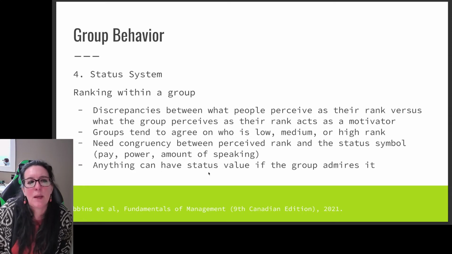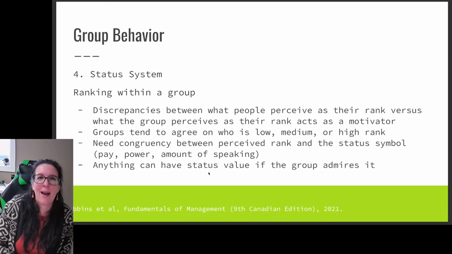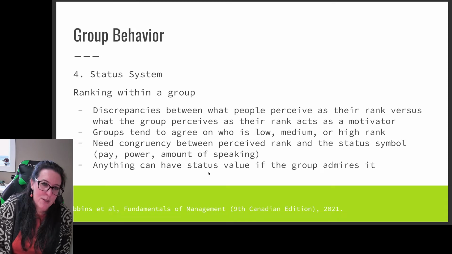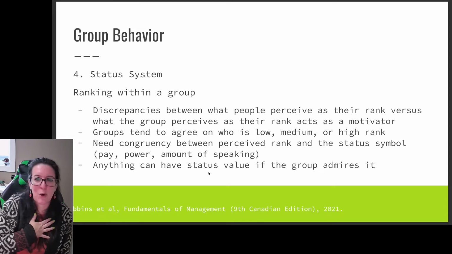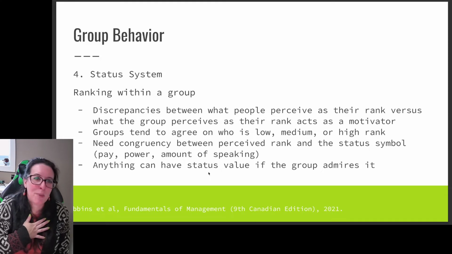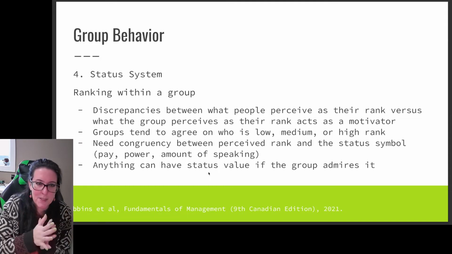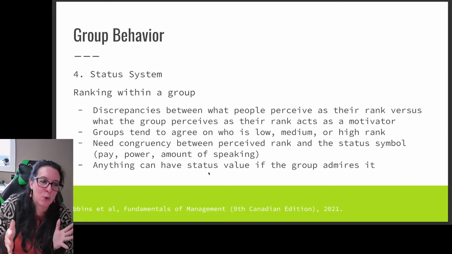There needs to be congruence between the perceived rank, both by the group and by the individual. So if you think that you're contributing, maybe you think you're middle or high rank, and the team thinks you are low rank, there's this discrepancy between how you perceive who you are in the team and how the group sees you.